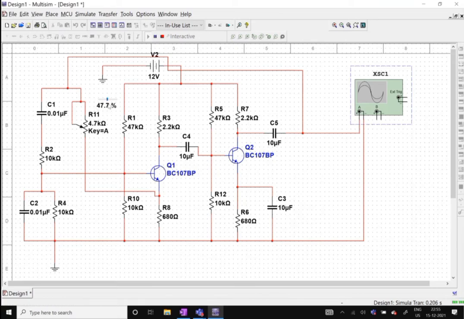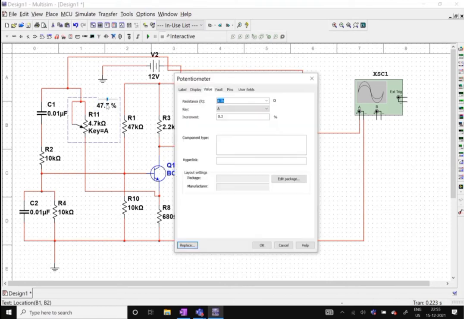Gain is not adjusted to 3. 0.2 steps are used here.